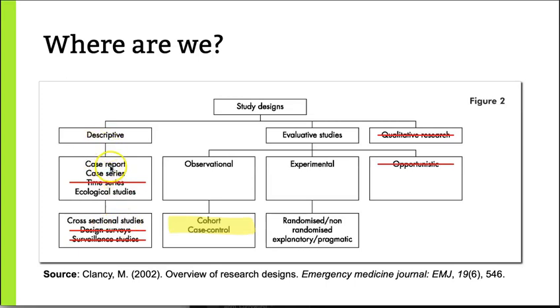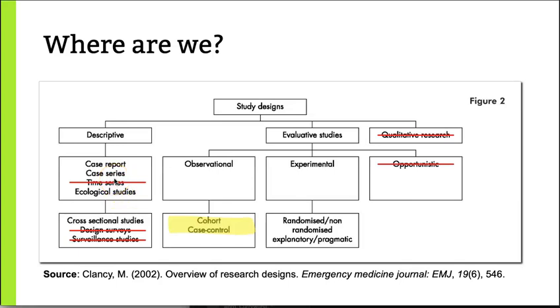And the reason for that, as I've written on the course page, is that these are relatively simplistic study designs. They don't require a lot of time to talk about and discuss.